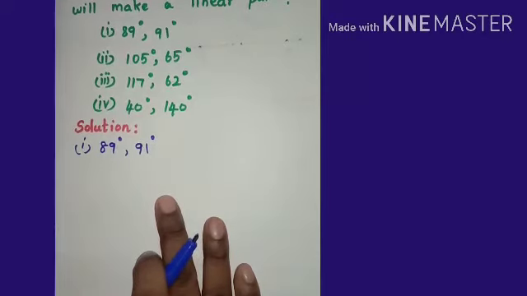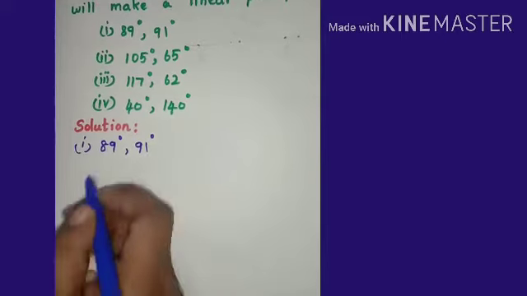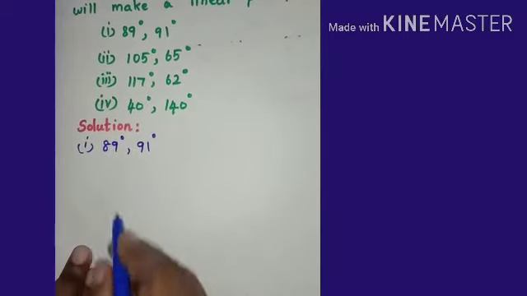So when we add the given two angles and it is equivalent to 180 degrees, then we can say that the given adjacent angles are in a linear pair.